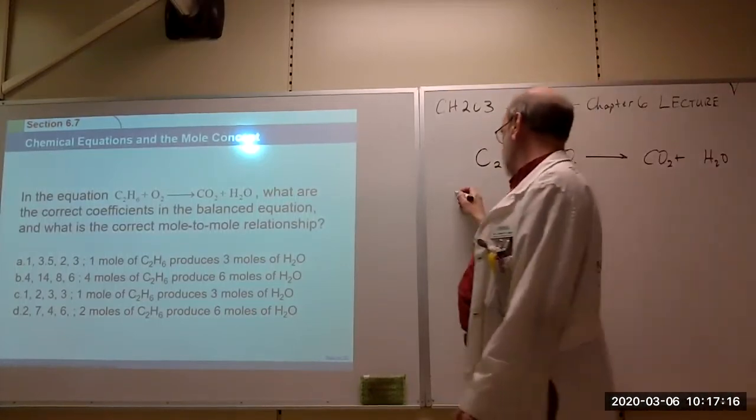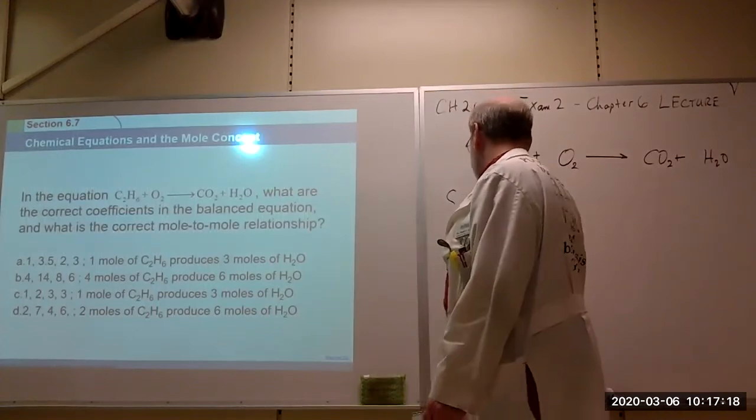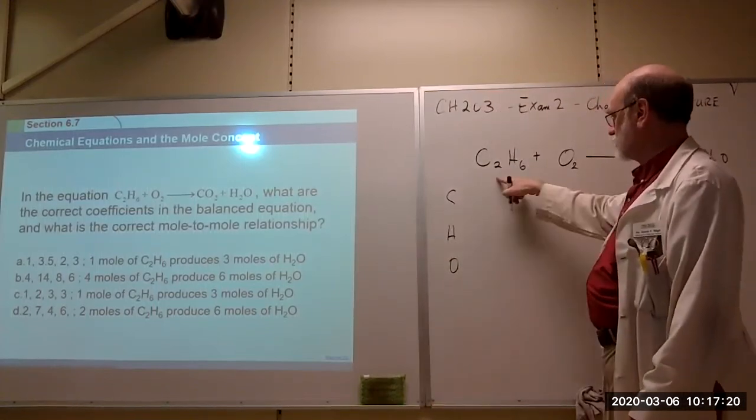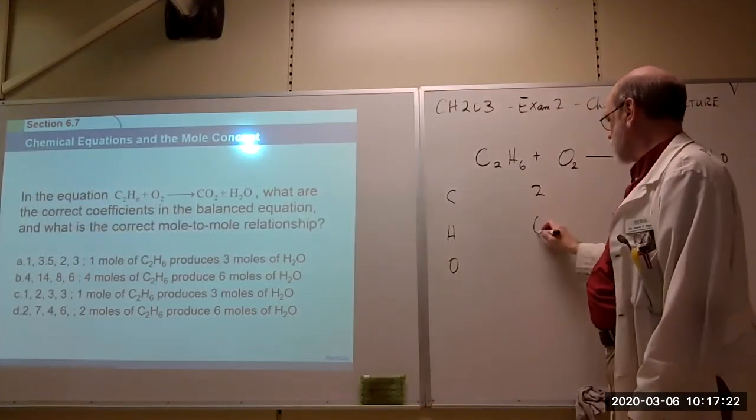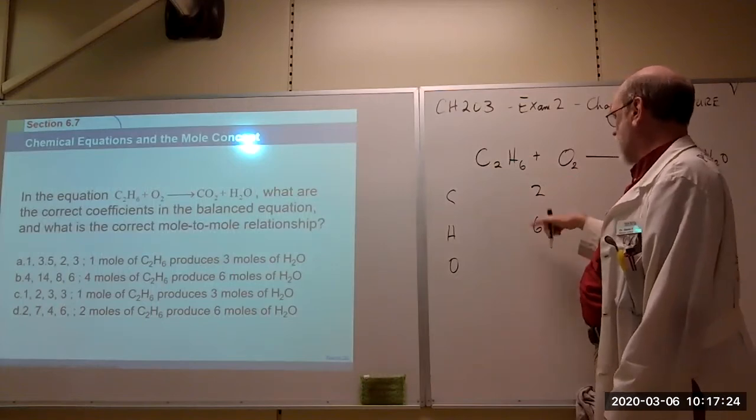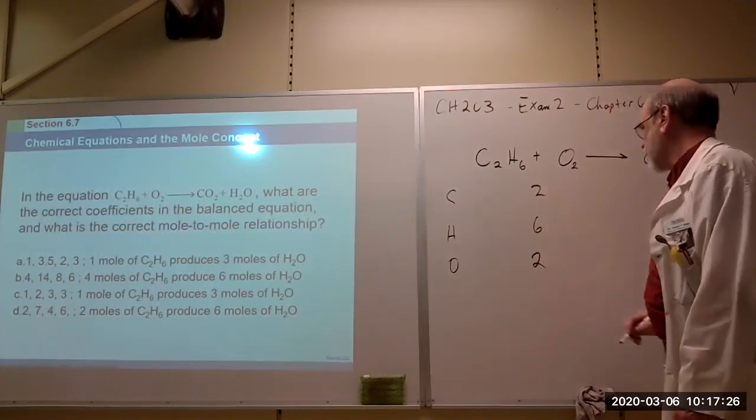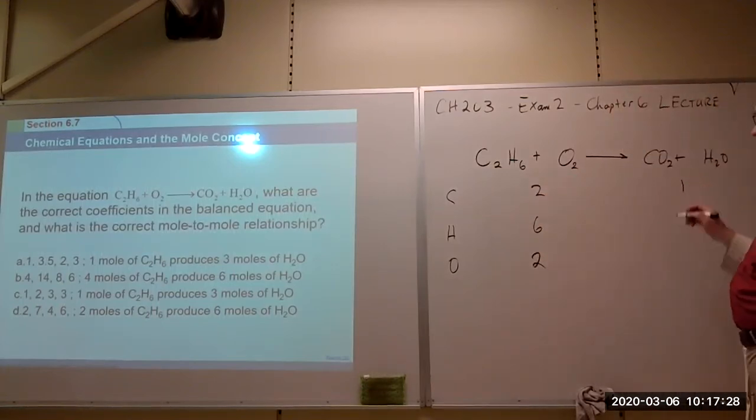Right, so we have carbon, hydrogen, oxygen. 2 carbons, 6 hydrogens, excuse me, 2 oxygen. And on this side, we have 1 carbon, 2 hydrogens, and 3 oxygens.